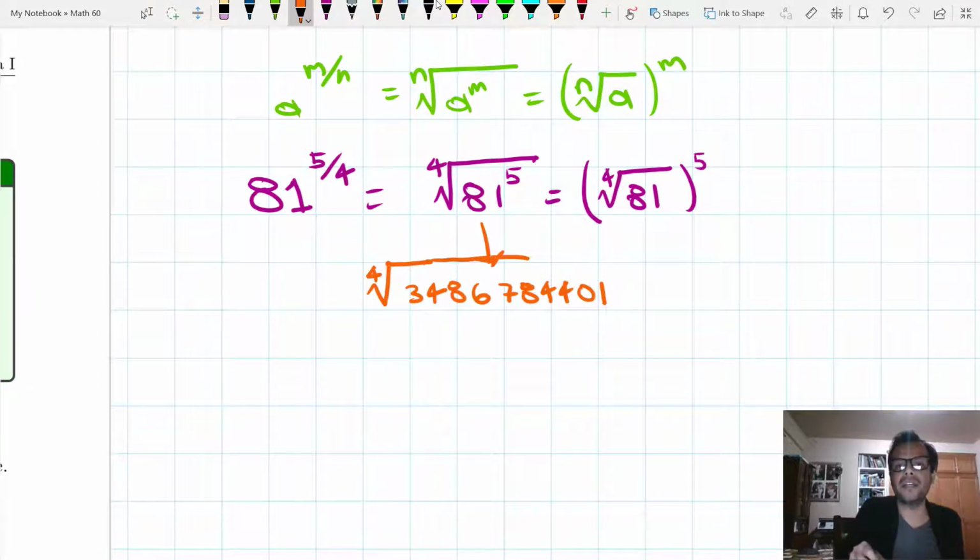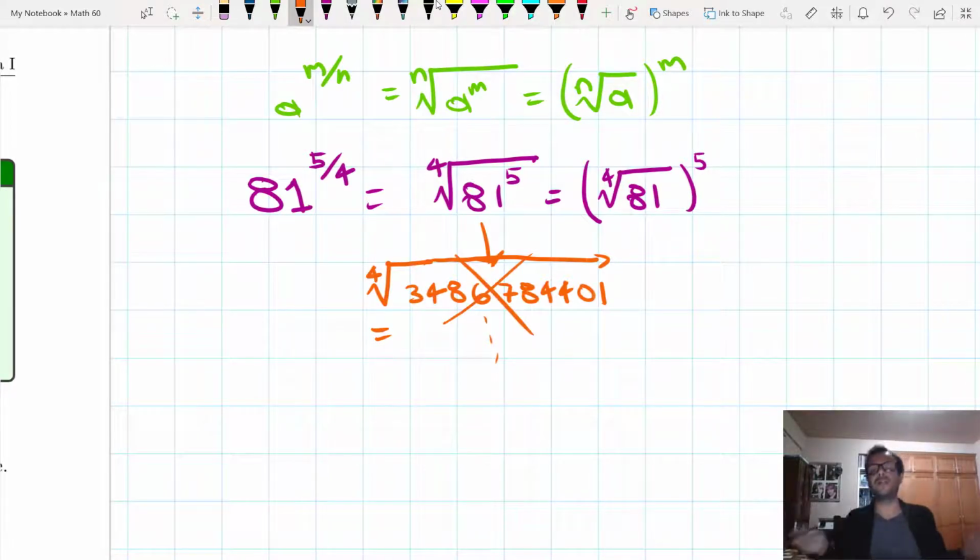See how big and ugly this number is? And then take the fourth root from there. So this is just too hard. I mean, it's doable. However, it looks complicated, especially if you don't have a calculator.